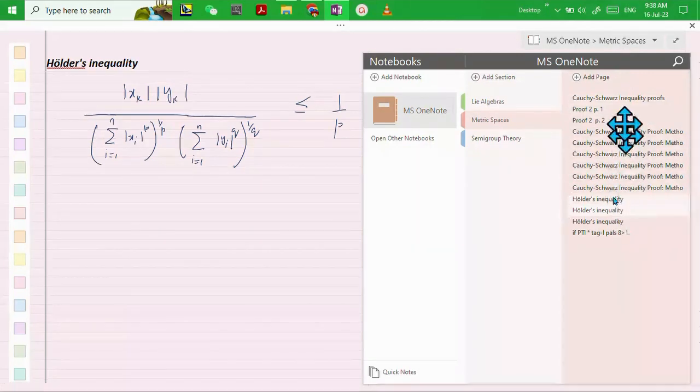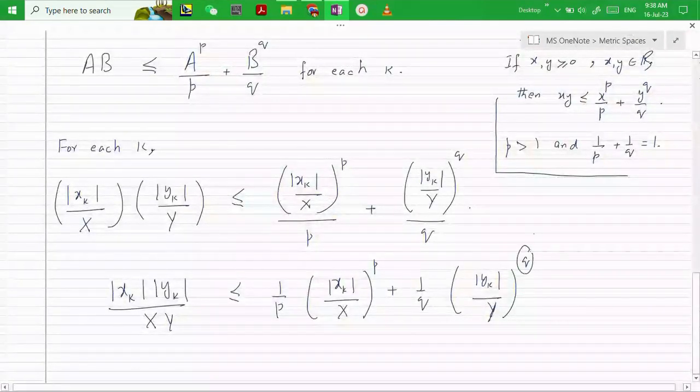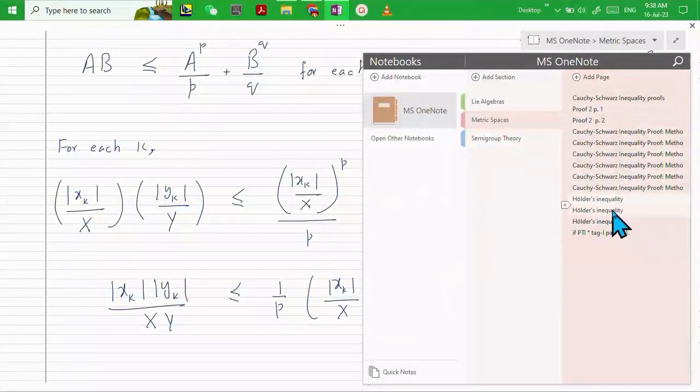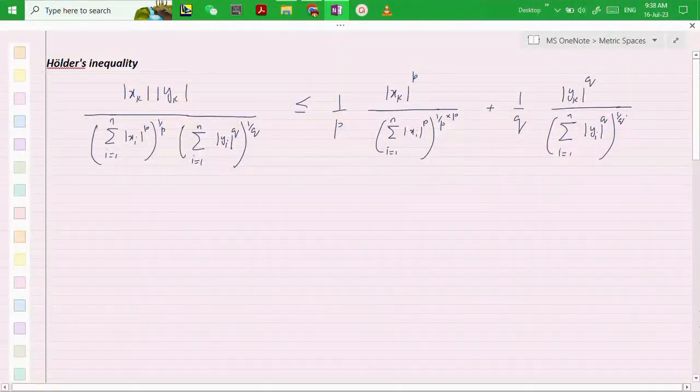Similarly, due to this exponent, we have 1 by q into q. So this quantity equals 1, and also this quantity equals 1.